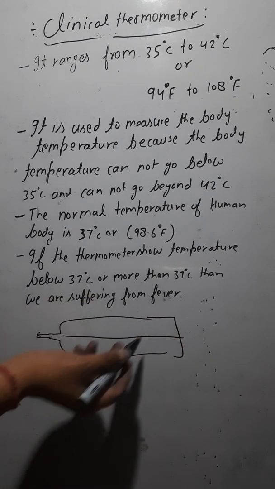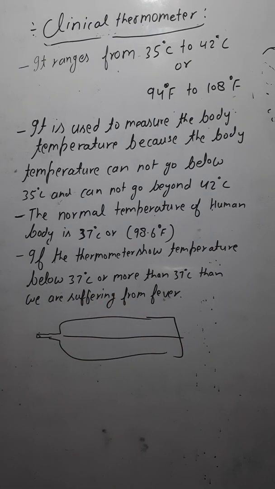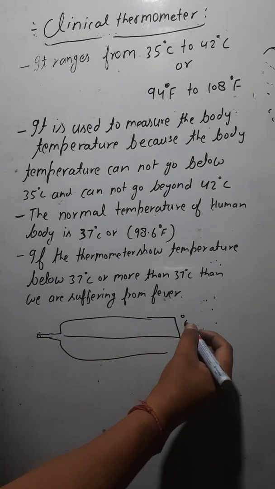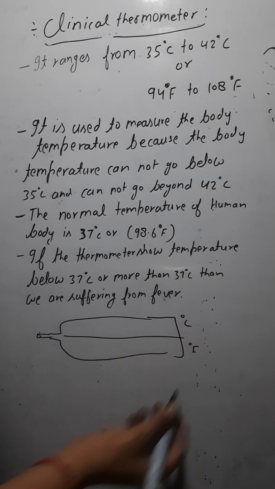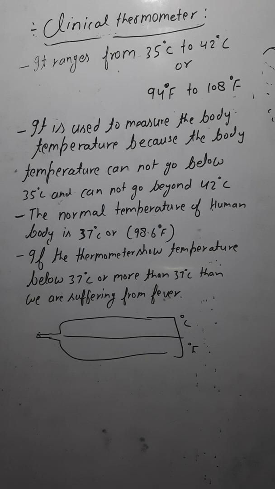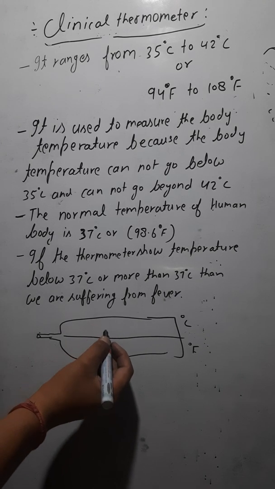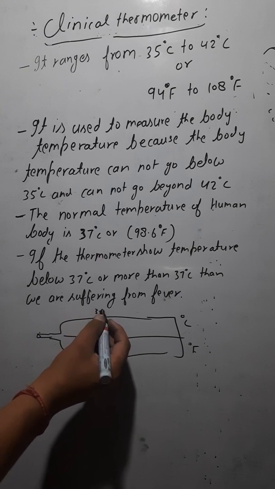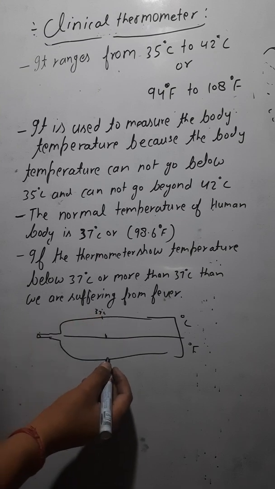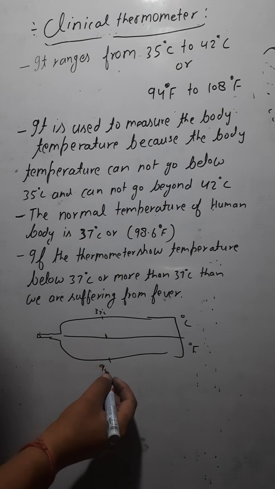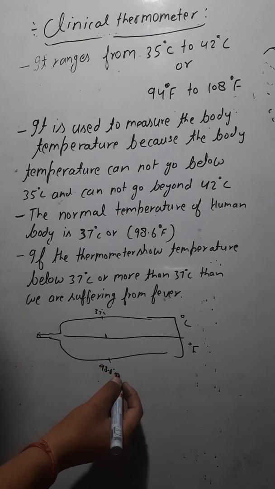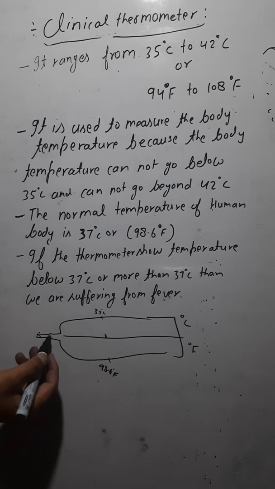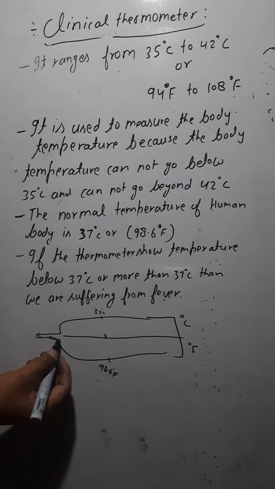The upper part shows the reading in degrees Celsius, and the lower part shows the temperature in degrees Fahrenheit. Suppose somewhere here you have the reading. Suppose it is 37 degrees Celsius, and let's say in Fahrenheit it is 98.6 degrees Fahrenheit.